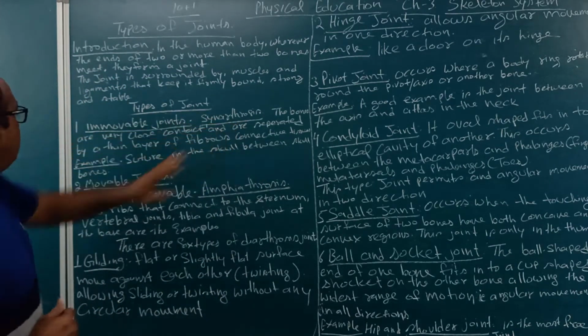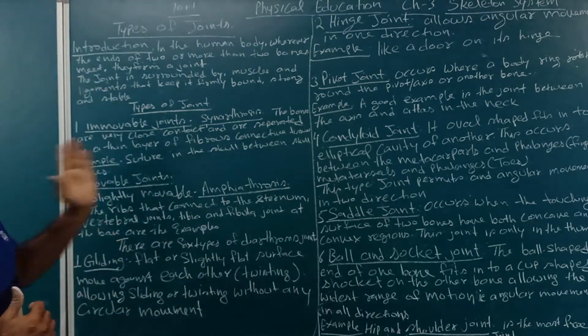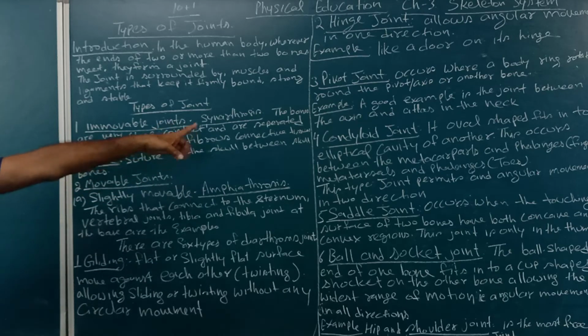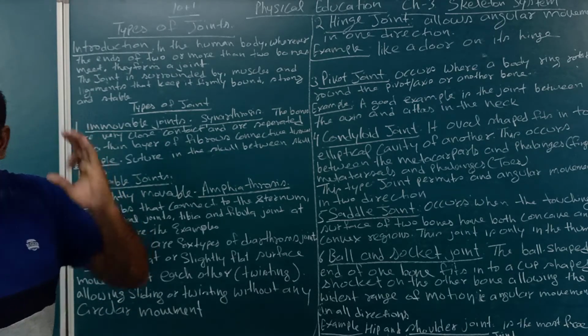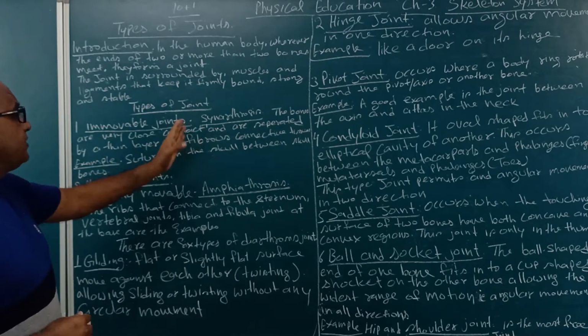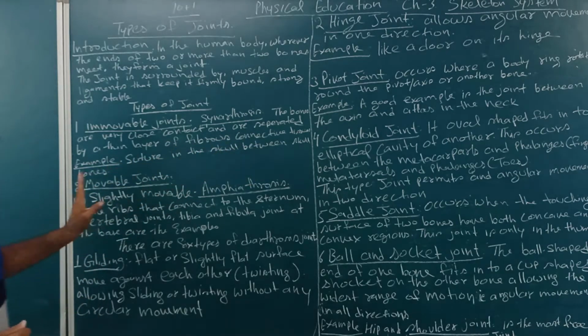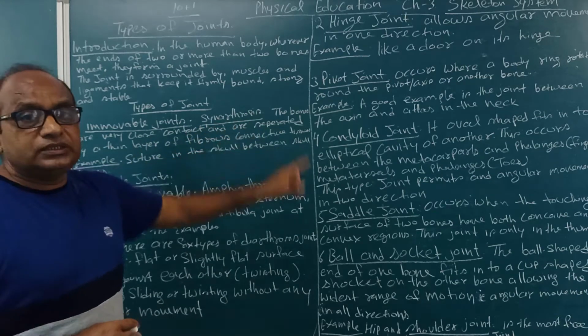Here the bones are in very close contact and separated by a thin layer of fibrous connective tissue. If I have to give you an example, then the skull is the best example of immovable joints, or we can say synarthrosis joints. Sutures between the skull bones are the best example of synarthrosis joints.